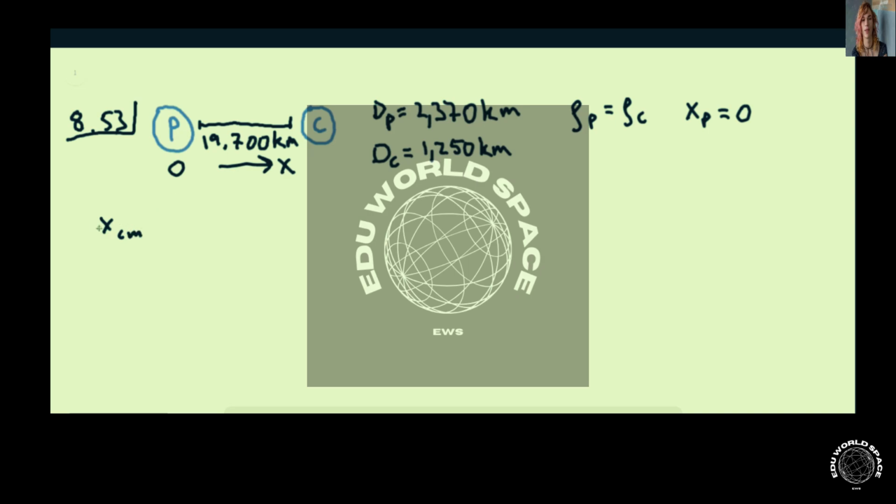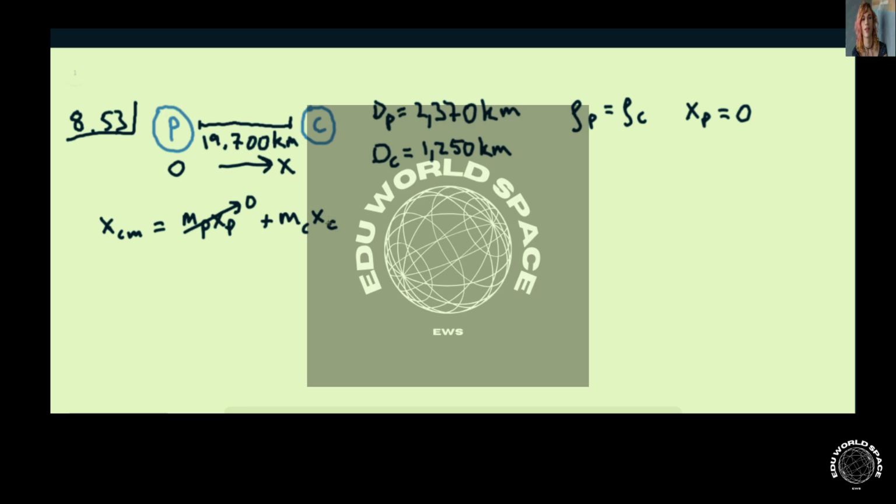So we know that the center of mass position, in this case we only have one coordinate x to worry about, is going to equal the mass of Pluto times its x position, which we've called 0, so that's nice, like I just said. And then the mass of Charon times the position of Charon, which we know they're about 19,700 kilometers apart.